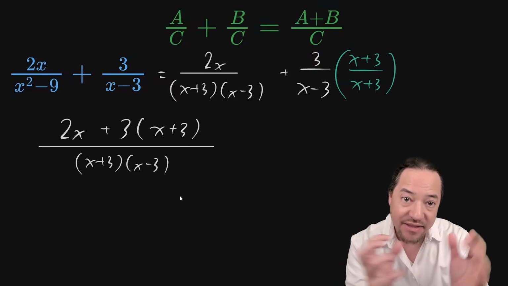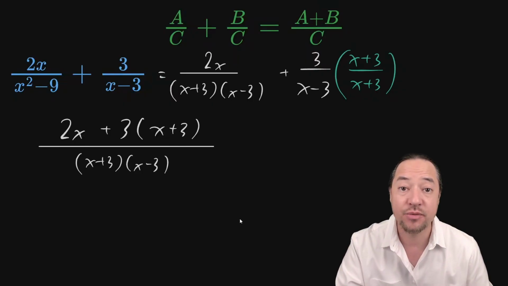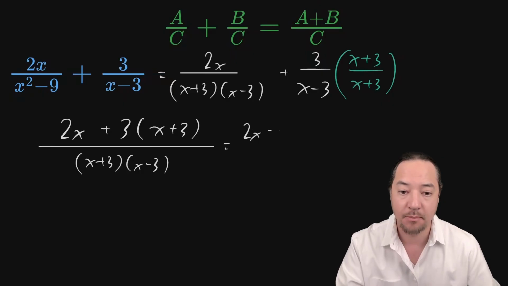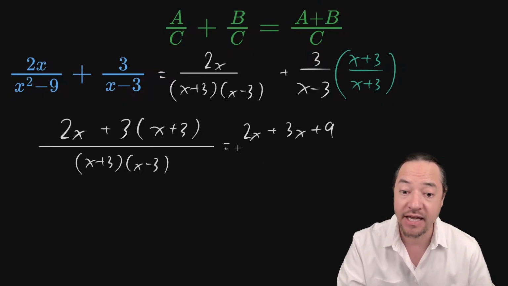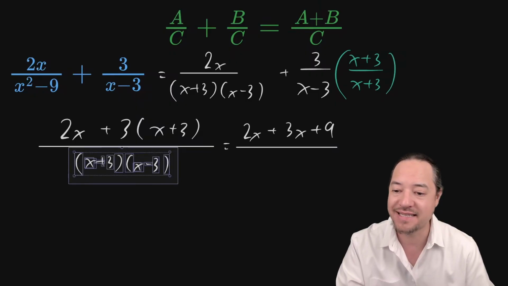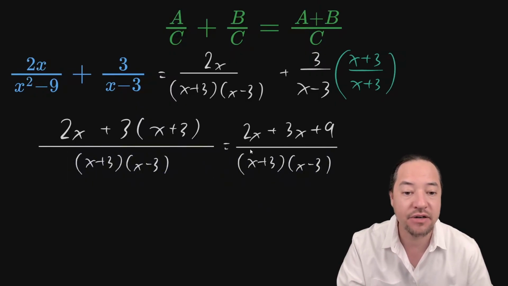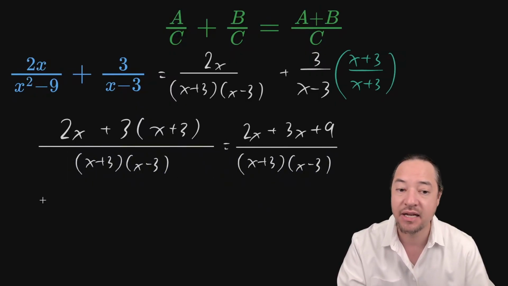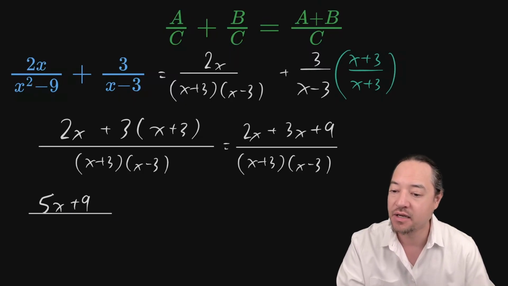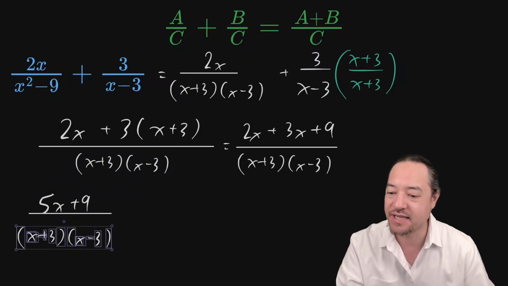Let's combine terms in the numerator, okay? So what I have here is 2x plus 3x plus 9. And that's all going to be over this same common denominator. And so now I can write this as, well, this is a 5x, right? 5x plus 9 over x plus 3 times x minus 3.